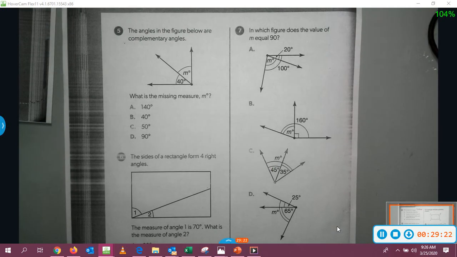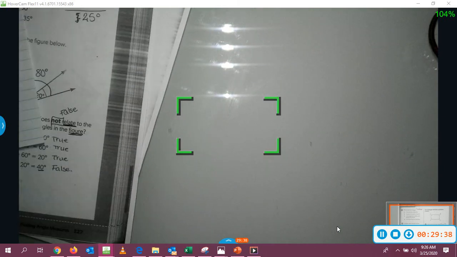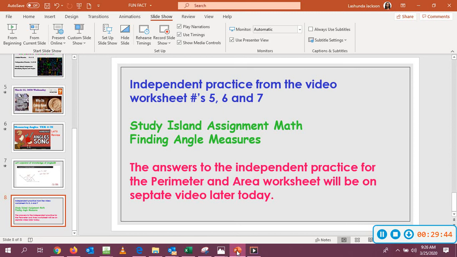There you go. In which figure does the value of M equal 90? Okay, so this will be your assignment that goes along with this video. However, you have an additional assignment on Study Island. So I'm going to need you to go to Study Island to get that assignment.